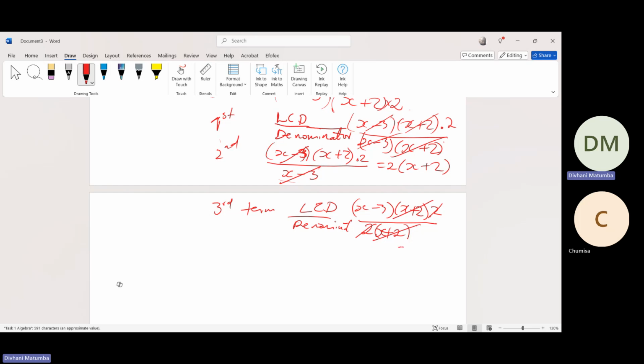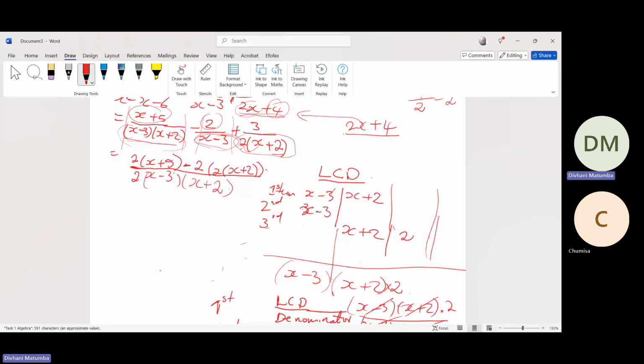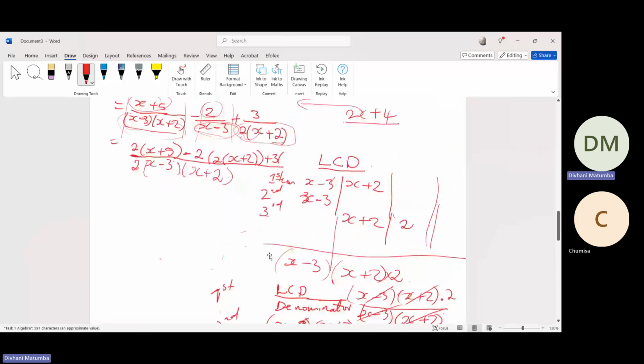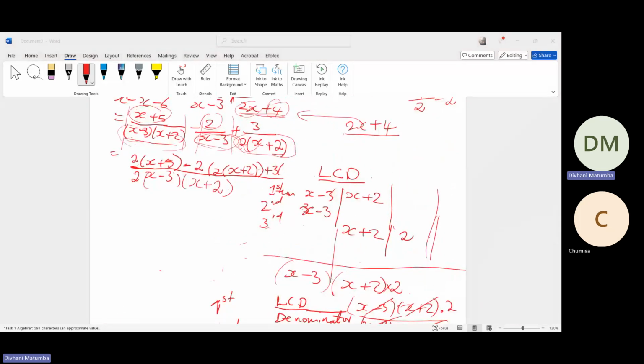So your multiple will be x minus 3. Was it a plus or minus? It was a plus. Plus 3 times what we got, x minus 3. So it will be 3 times x minus 3.